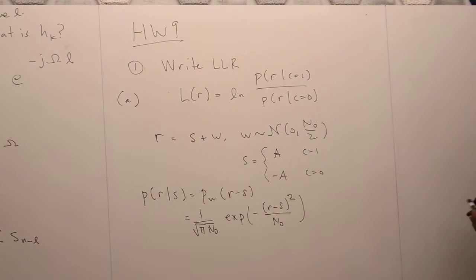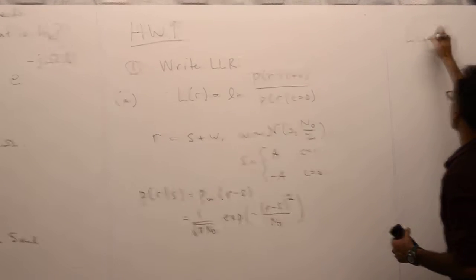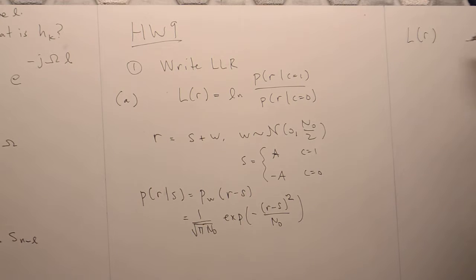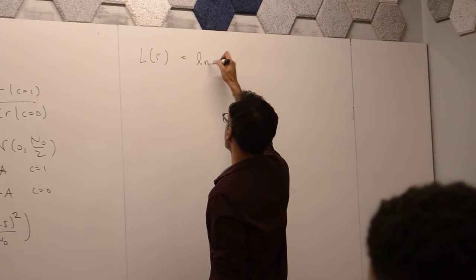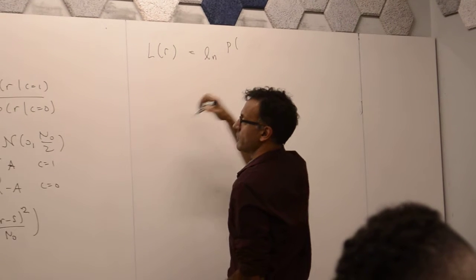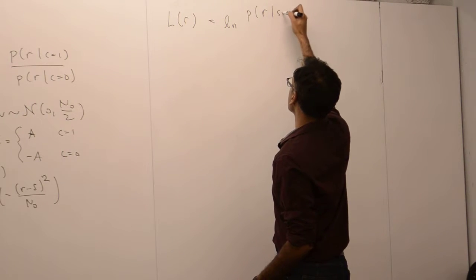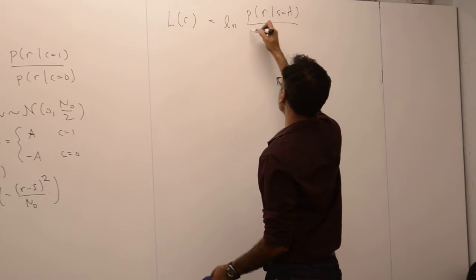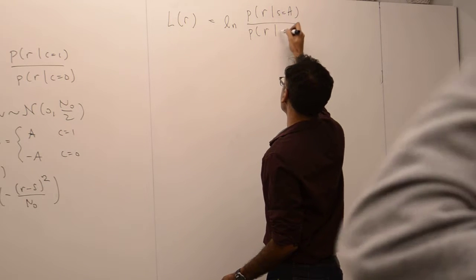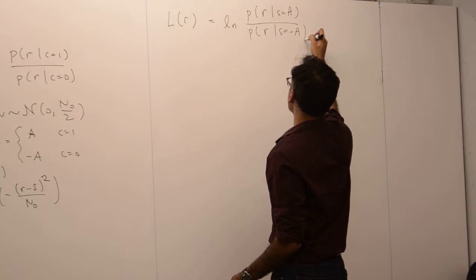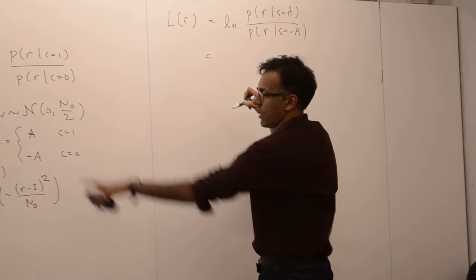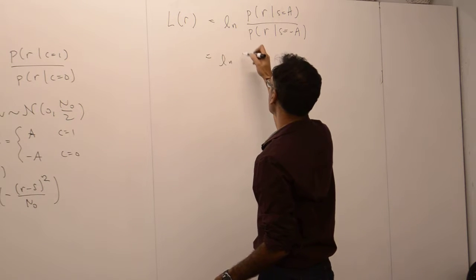So L of R equals, okay, C equals 1 is the same as S equals A. So that's the only little trick. Everything else is pretty straightforward. The constants cancel out in that probability.